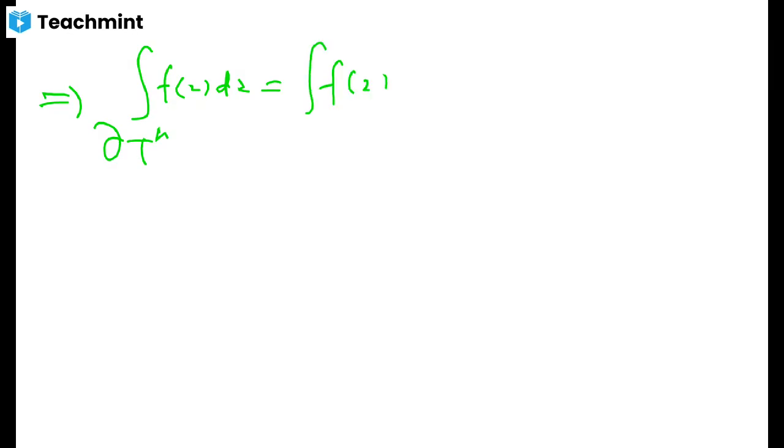What you are going to get is the integral over the boundary of Tn of f of z dz, which, if you simplify it, is the integral over the boundary of Tn of f of z naught minus z naught times the derivative of f at z naught, dz, plus, you just have to simplify it.